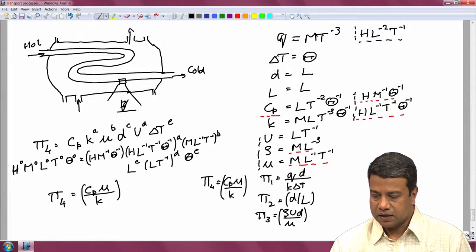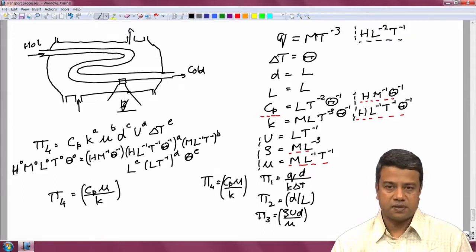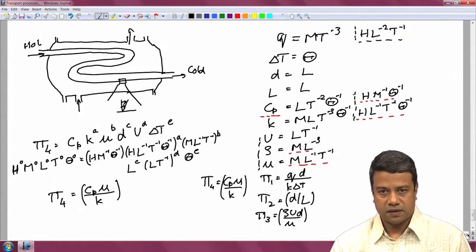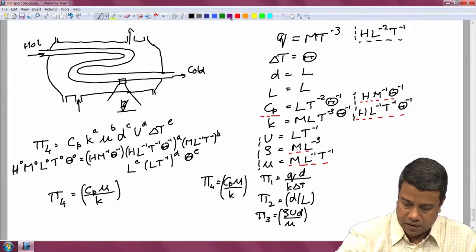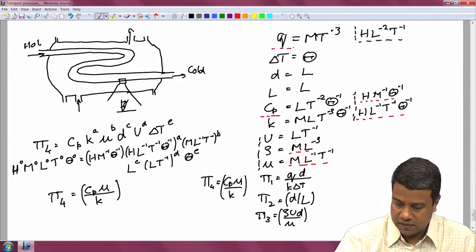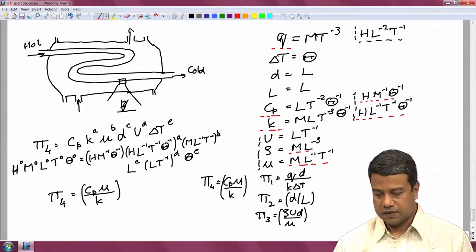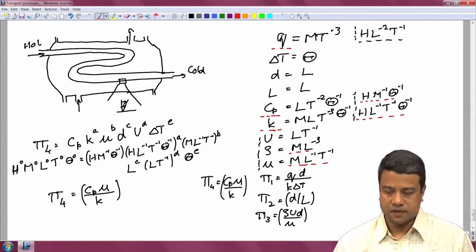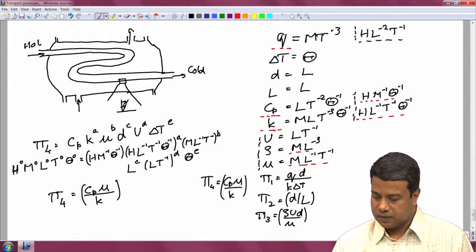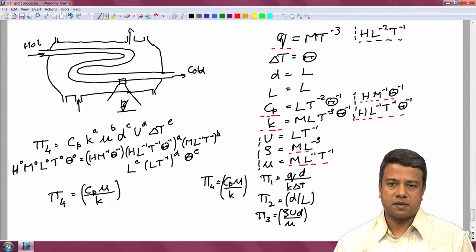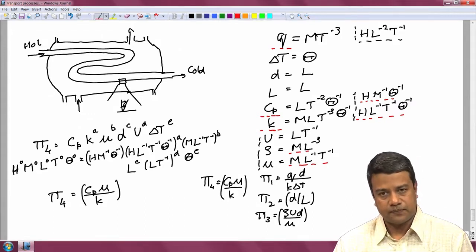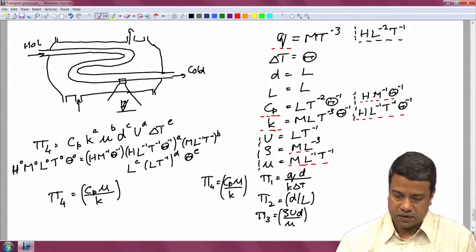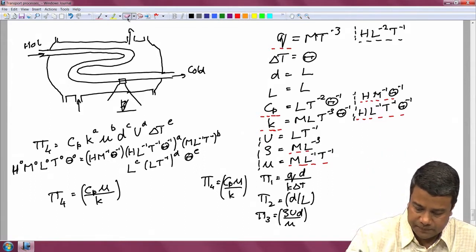In this particular case, the thermal quantities were the heat flux, the specific heat and the thermal conductivity. And so those alone we had expressed in terms of the thermal energy, whereas mechanical quantities were expressed in terms of mass, length and time. And on that basis we had derived a total of 4 dimensionless groups.